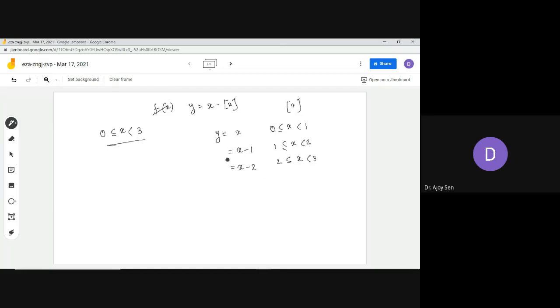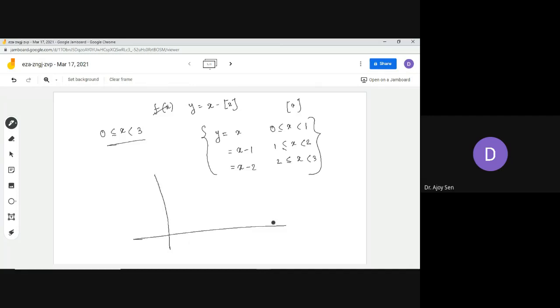So this is the function. So actually we have written this function over this interval, and if you simplify things out, this turns out to be this. Now you have a graph.